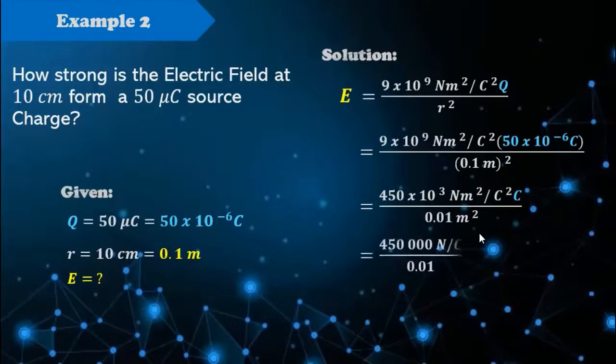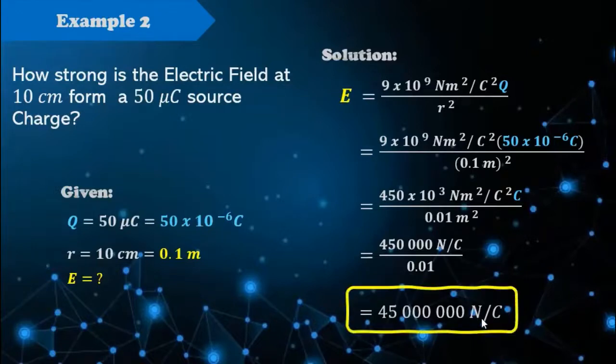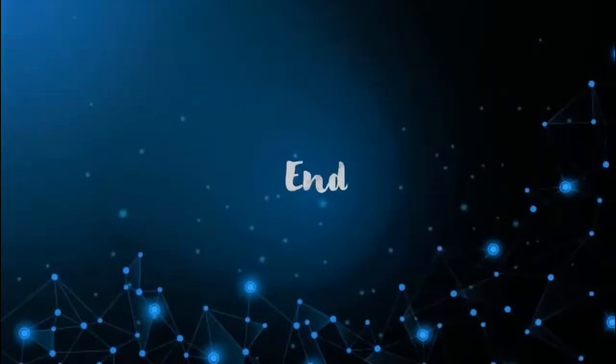In my previous recording, I discussed how we simplify these units, and coulomb will be cancelled out and meter squared will be cancelled out. What's left will be newton per coulomb because it's coulomb squared. Simplify the numerator. We have 450,000 newton per coulomb divided by 0.01. The result is 450 million newton per coulomb, and that is our final answer. And that ends our lesson for today.